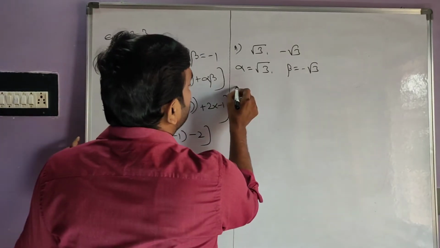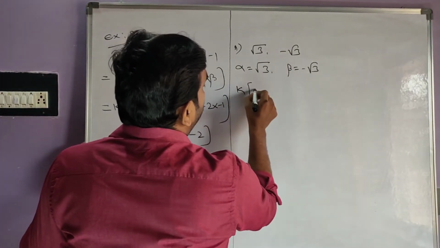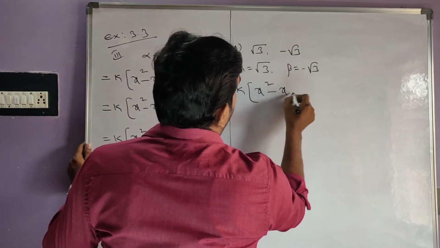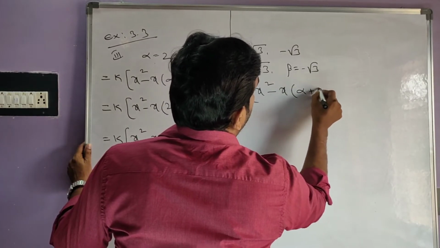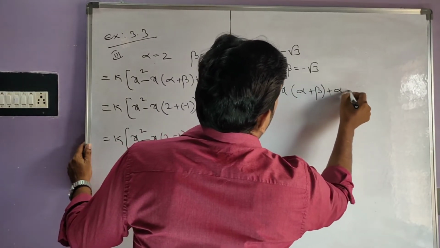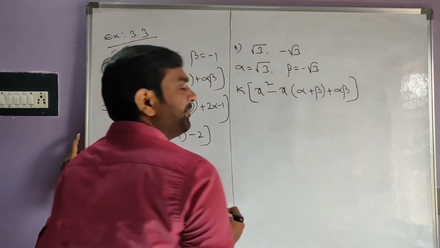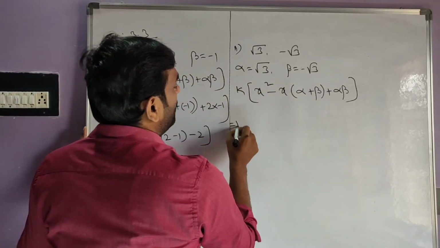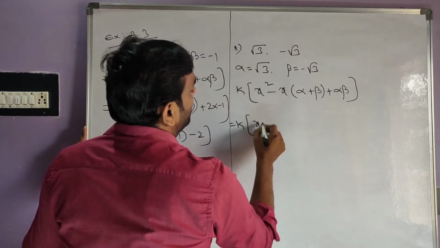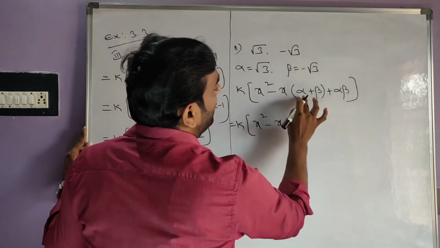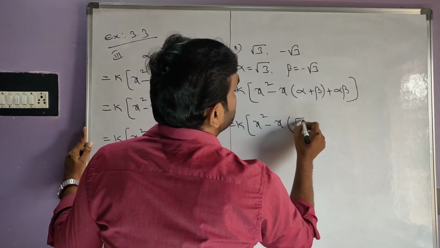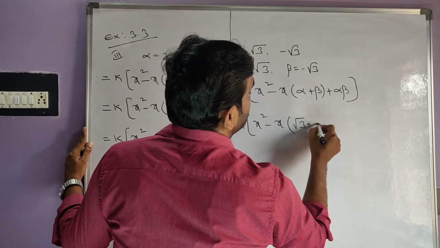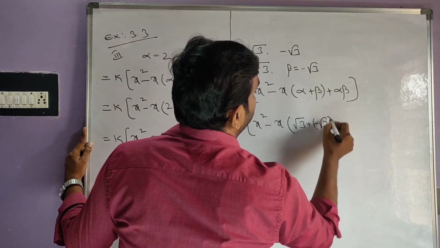What is the formula for the quadratic polynomial? k of x square minus x of (sum of the roots) plus (product of the roots). Now k of x square minus x of (alpha plus beta) plus alpha into beta. Alpha is root 3, beta is minus root 3.